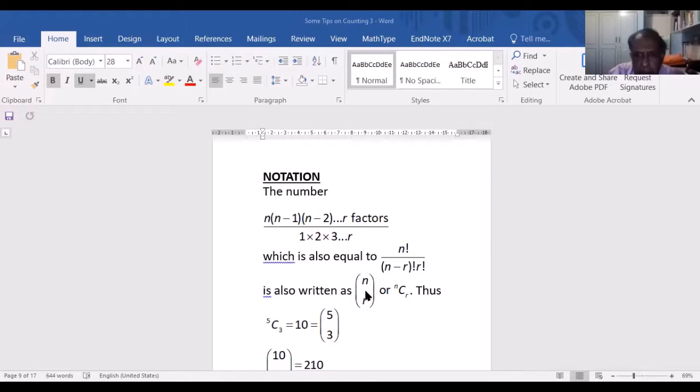You put a round bracket and you put an n at the top and an r at the bottom, nothing in between, no spaces, no lines, nothing. You just put two numbers. Whenever you see this, you must remember it's equal to this. Or if you like, you start from n and you go up to r factors, and at the bottom you have 1 times 2 times up to r. This object can be calculated using that formula or that formula.